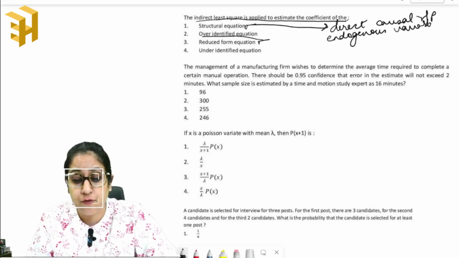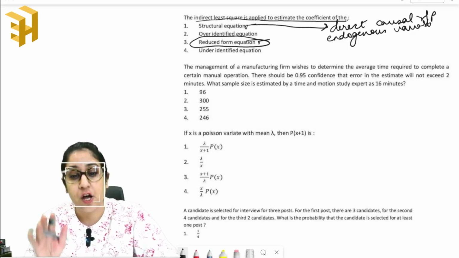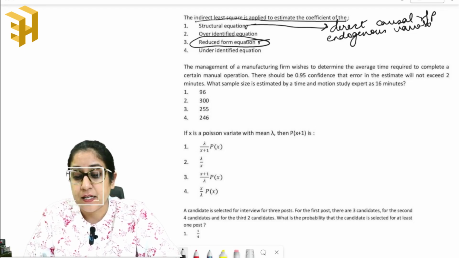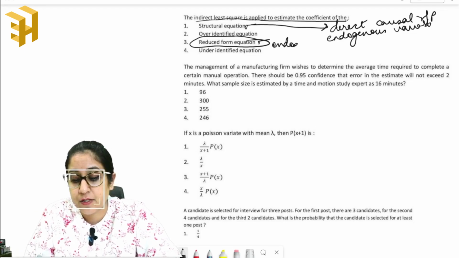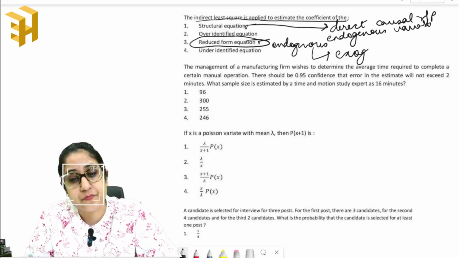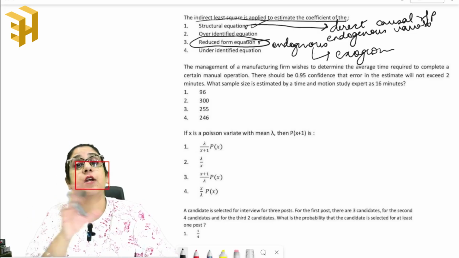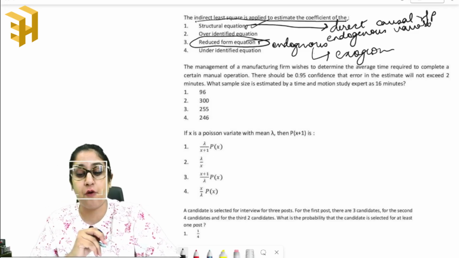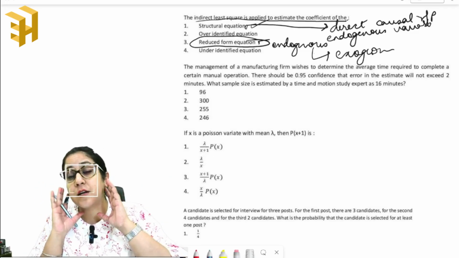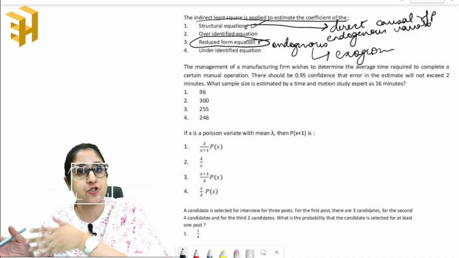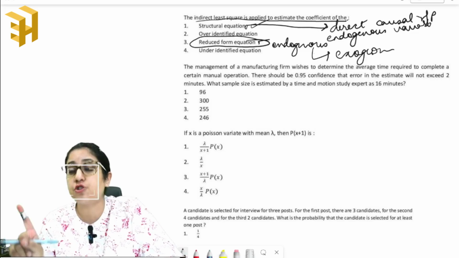However, the reduced form equation expresses the endogenous variables in the form of exogenous variables. So structural equations show the relationship between endogenous variables, whereas reduced form equations represent the endogenous variables in the form of exogenous variables. That is one crucial difference.